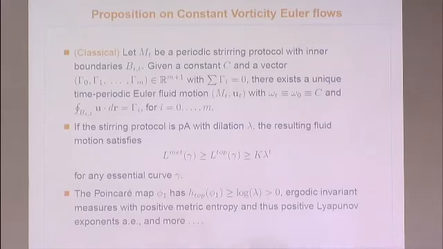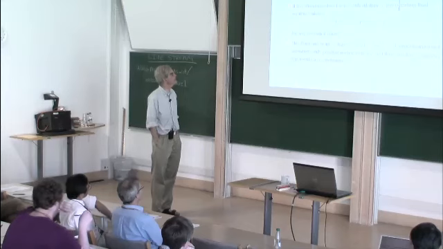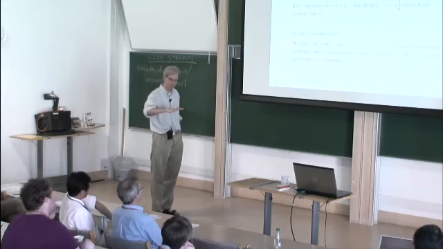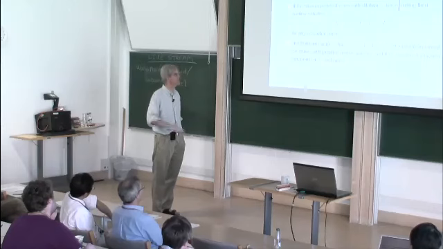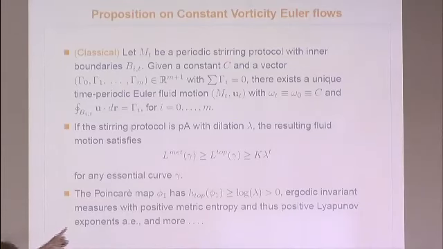chaotic dynamics. And this is the case only when you have atypical vorticity, and the case where you can actually prove it is when you have constant vorticity. And then, as you know, this is just the statement of the theorem, if you specify circulations as well as the constant vorticity, at each time you can solve the equation, get a periodic Euler motion with that constant vorticity, and because of the Thurston theorem, you get exponential growth of lengths of curves.